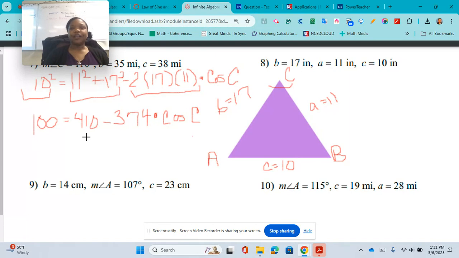All right. Now, we need to get the cosine of C by itself. What do we need to move? The 410. That is a positive 410.